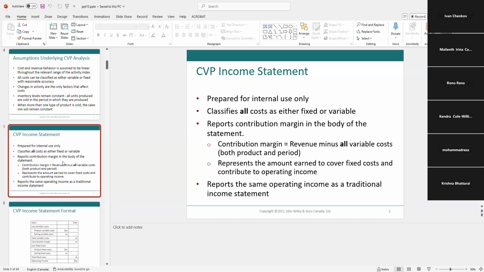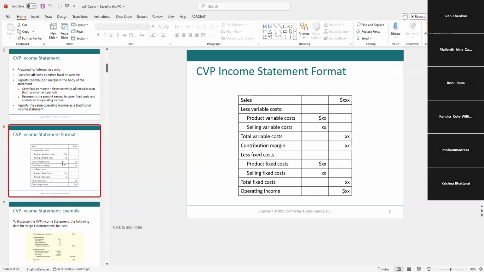So now we're coming to the last one, which is the traditional income statement. So this is the contribution format income statement. Let's make it a little bit more simple at this point.